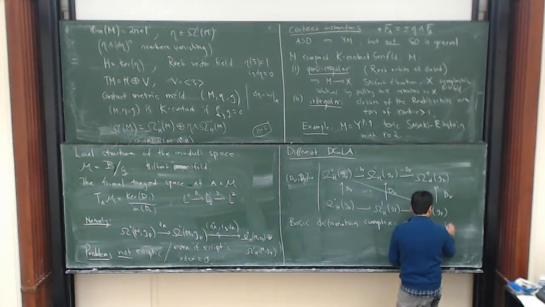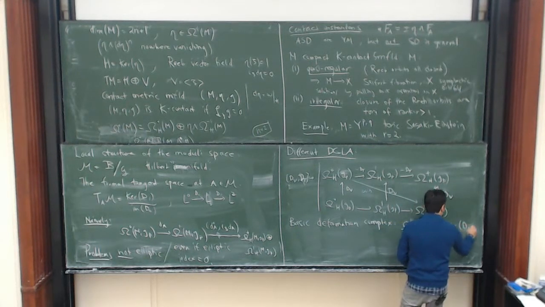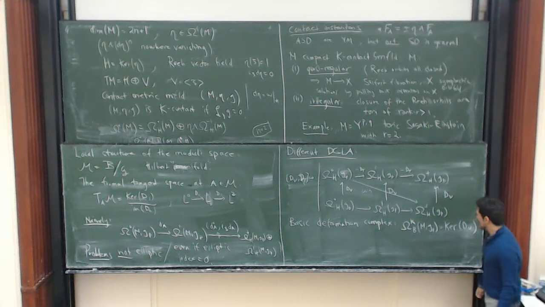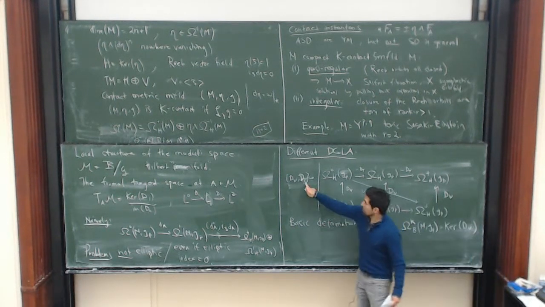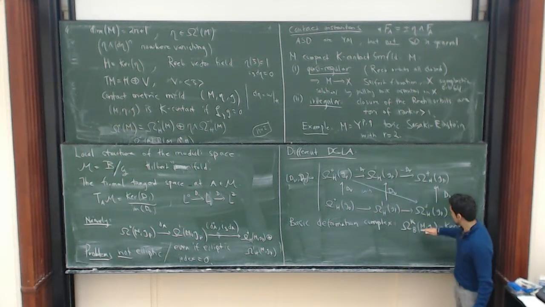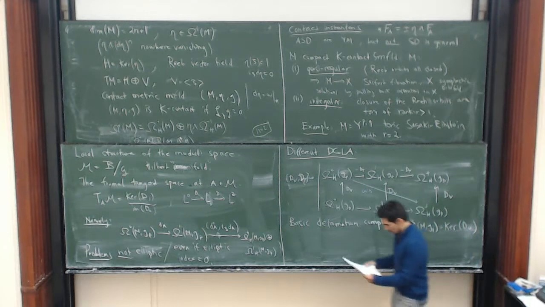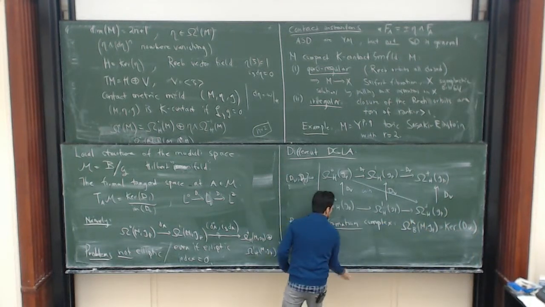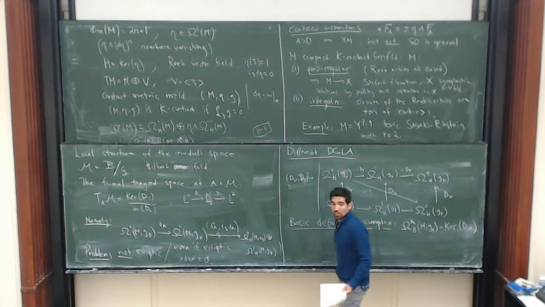So you can check that since the differentials commute, if you restrict to the kernel, these DTs restrict to a differential on the kernels, okay? So you get a basic deformation complex. And this is the thing we want to compute the dimension of.